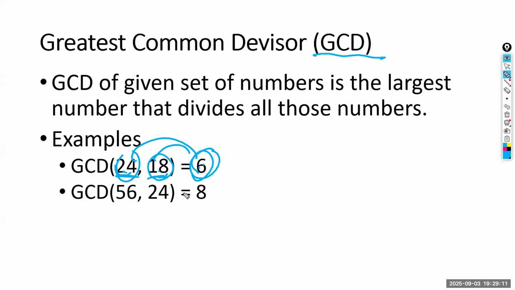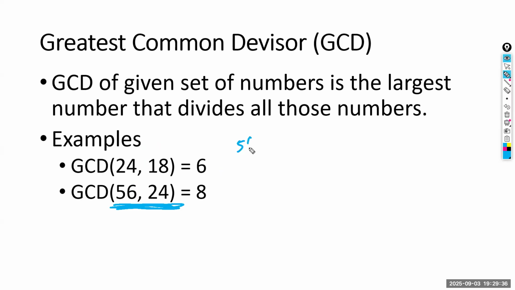For small numbers, you can just use your common sense and find it. But for big numbers, you need a systematic approach. We discussed one approach in semester 1, right? You find the prime factors and you take only common factors. For example, say you want to find the GCD of 56 and 24.